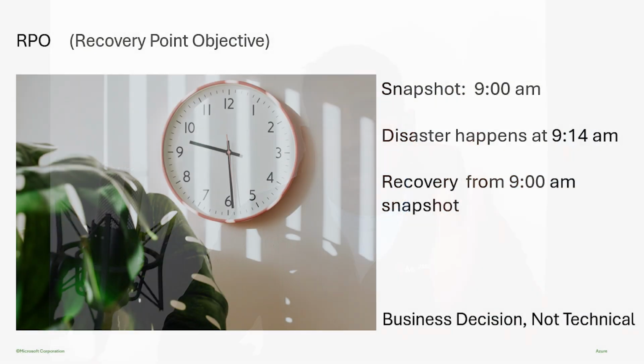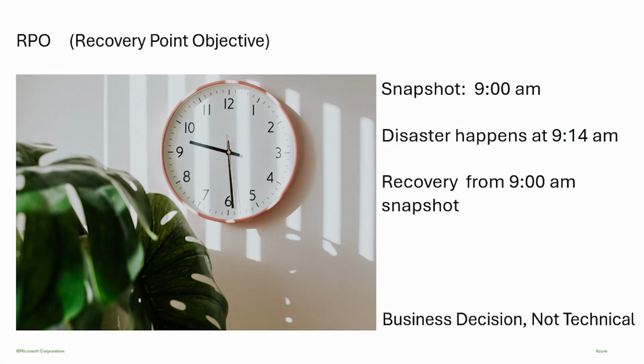Because if a snapshot is taken at 9 in the morning, and the disaster strikes at 9:14, you're going to recover back to 9 a.m., which means you're losing about 14 minutes of data. So it really depends on when the disaster strikes, but you also plan for the maximum, which would be 15 minutes in that case. So that is the RPO, how much data you're willing to lose.